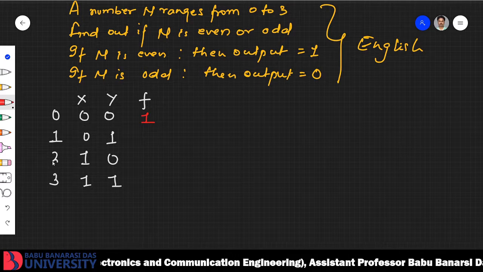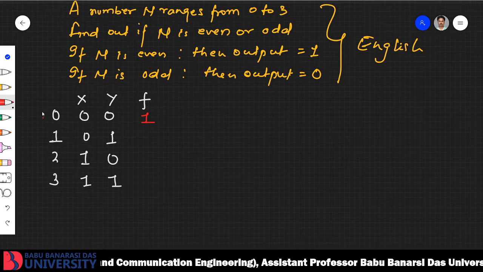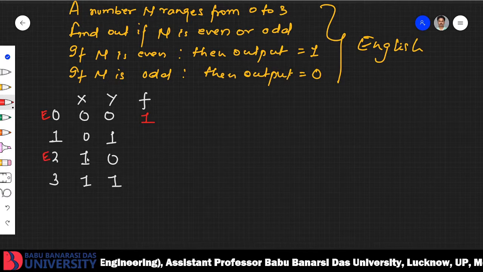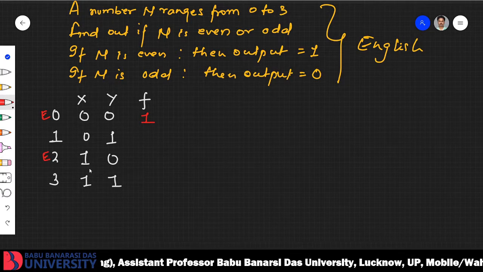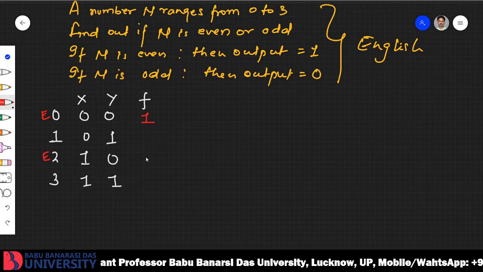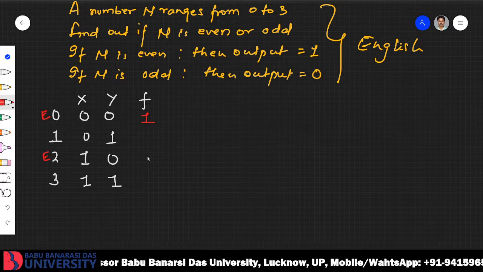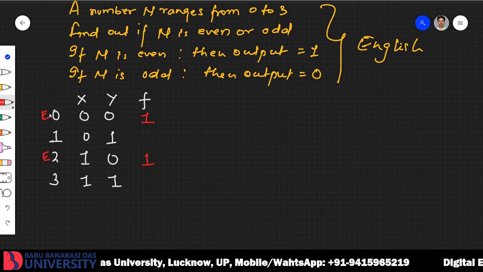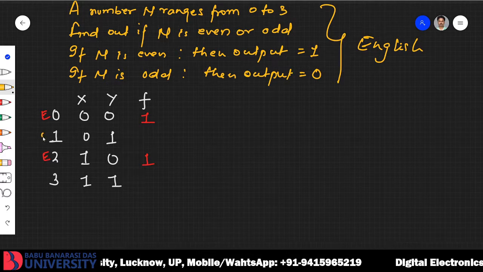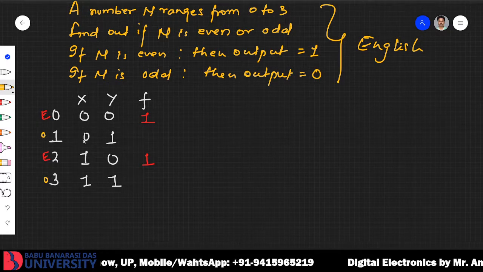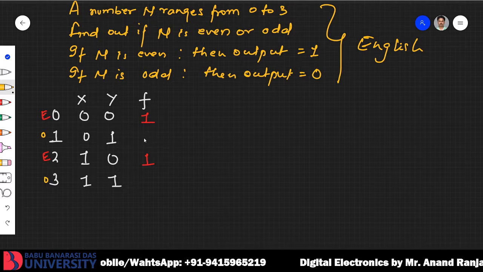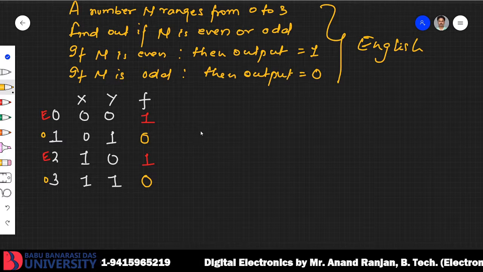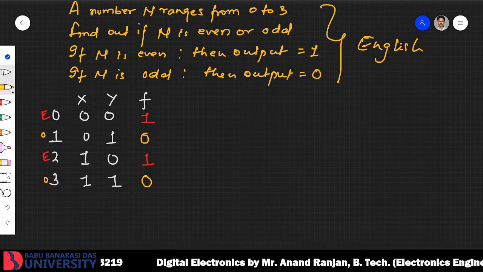Similarly, 2 is again an even number, represented by x and y as 1 and 0, and the output as per the statement above is 1, while the odd cases, represented by the combinations 01 and 11, will be 0. Okay. So this is the complete truth table.